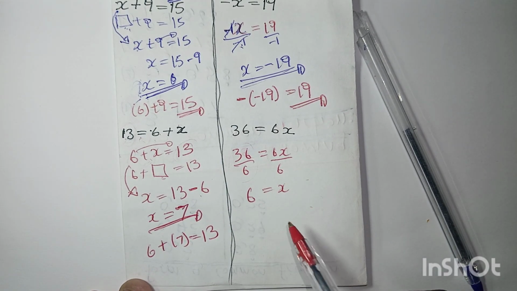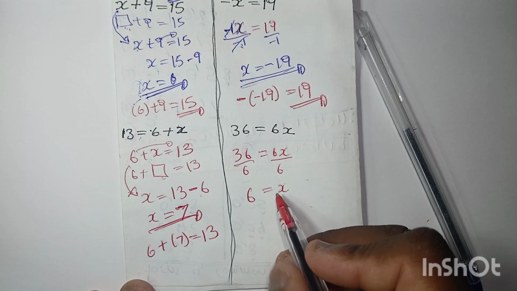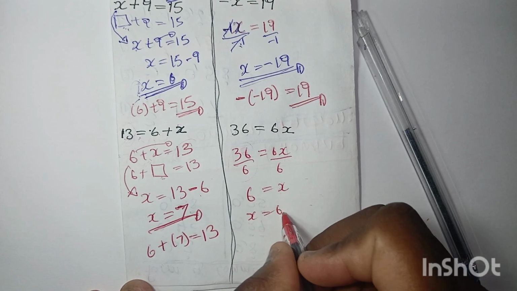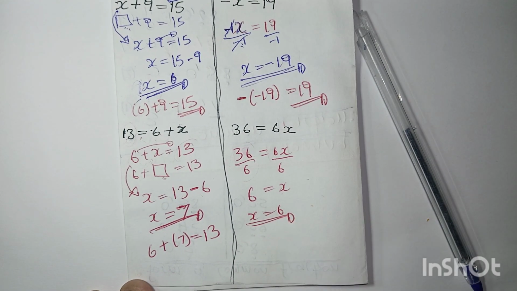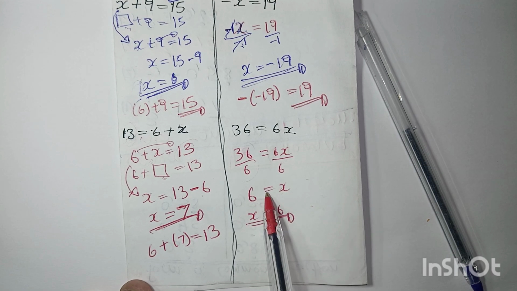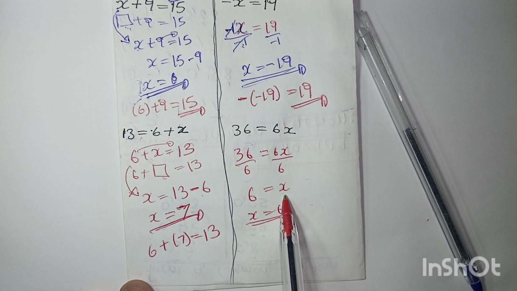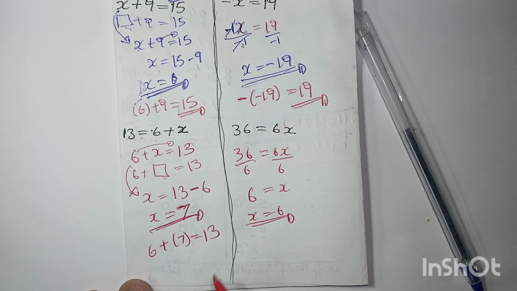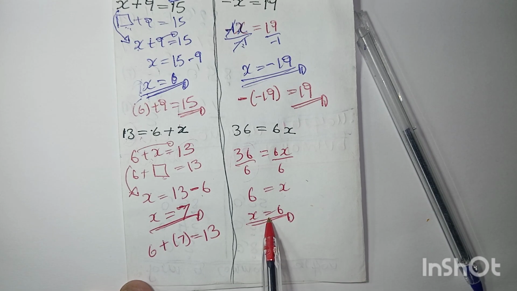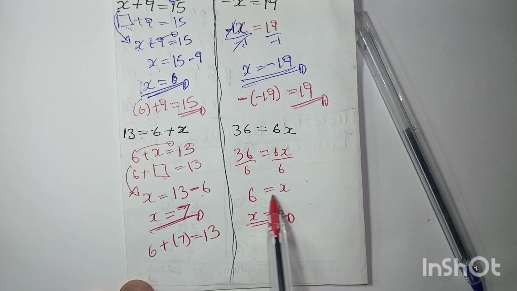So for me, guys, what I will do here, I would better write it like this. Do you see, guys? Because it doesn't sound right when I say 6 equals x. It's better when you say x is equal to 6, rather than saying 6 is equal to x.